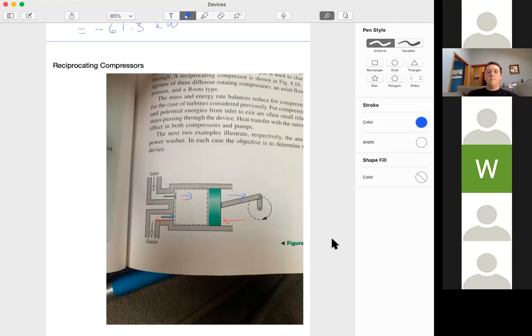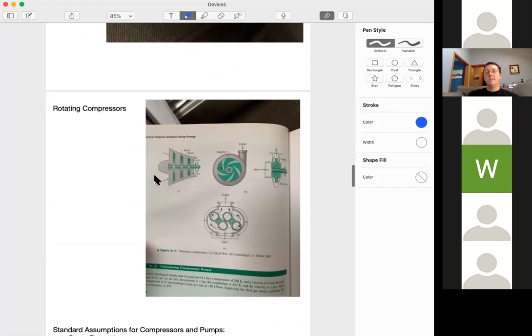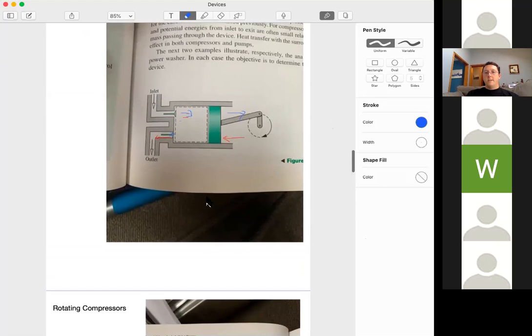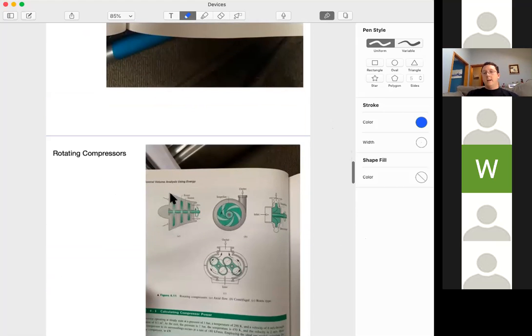All right. There are other kinds of designs. This is a reciprocating compressor. These are rotating compressors, so you would have an axle that spins, which turns a fan blade. If it's a compressor, it's spinning like a propeller that's going to squeeze the air. As the propeller blades spin, like in this one, they force the air or the gas forward, but it has a nozzle, so it gets squeezed.